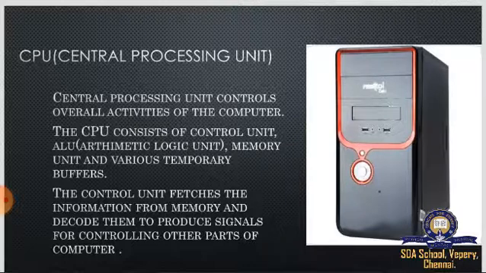Arithmetic logic unit performs all operations like addition, subtraction, etc. Memory unit saves all data information temporarily. The control unit fetches the information from memory and decodes them to produce signals for controlling other parts of computer.